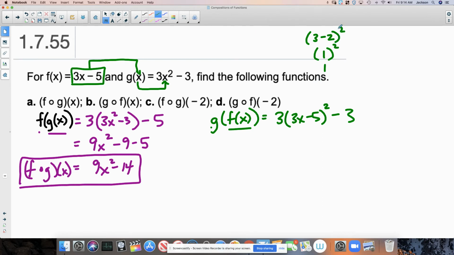If you assume you can distribute, then this would become 9 minus 4. What's 9 minus 4? 5. Which one of these is correct? It's this one. So we know that we can't distribute that square into the binomial.